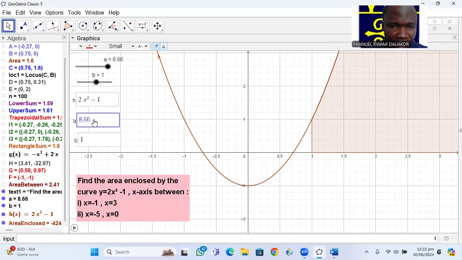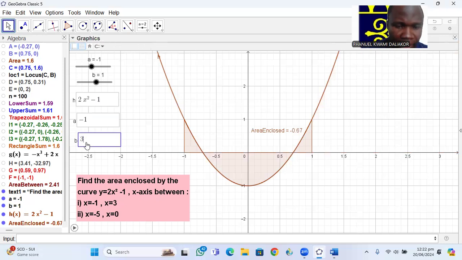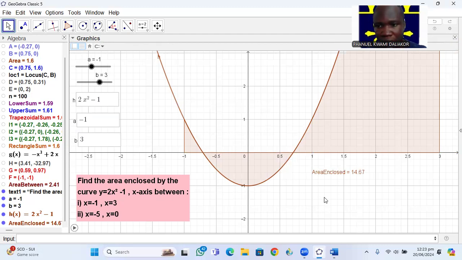A is minus 1, and B is 3. We do that, and the area is 14.67.